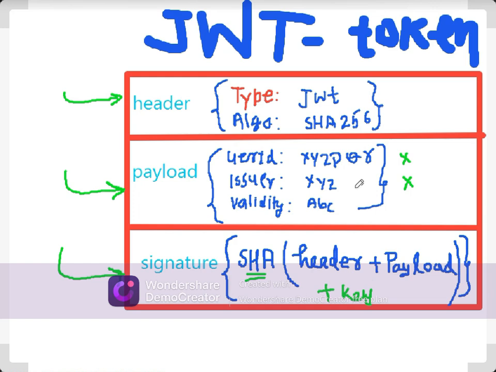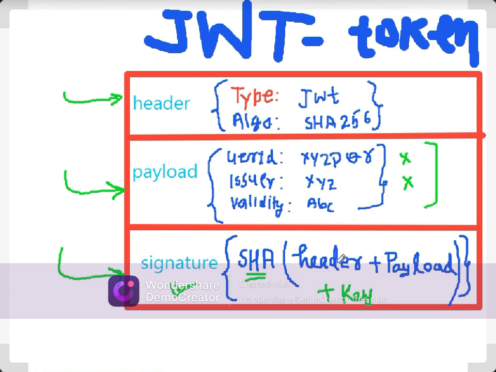This key plays a vital role because the attacker doesn't have it, so they cannot make a correct signature. They can change this part, but they cannot make this part correctly unless they have the secret key, because the secret key is also added to make the final signature.